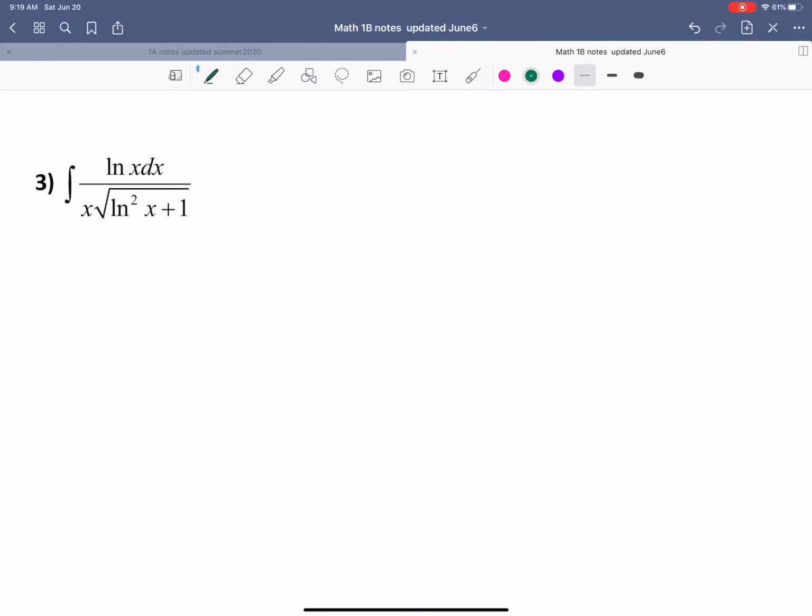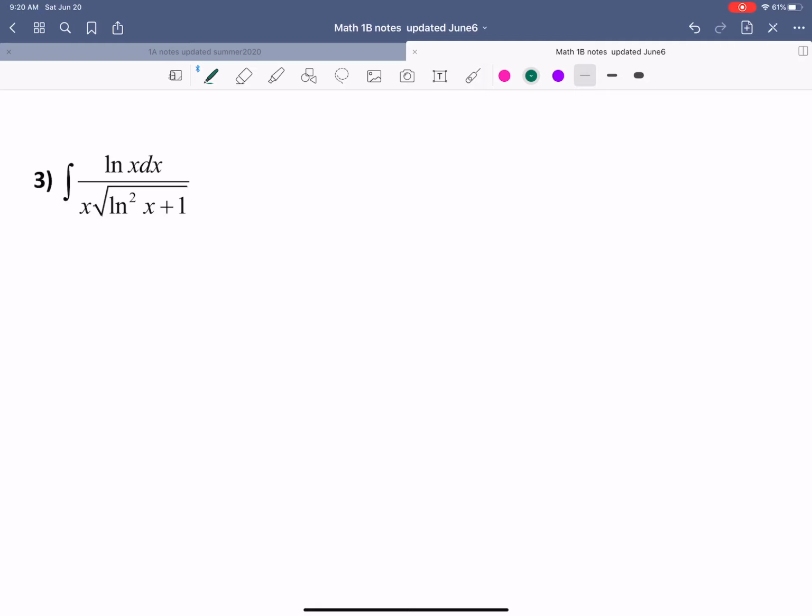All right, so number 3, natural log of x dx over x square root of natural log squared x plus 1. I think we can call natural log squared x plus 1 as u here. Will that work?